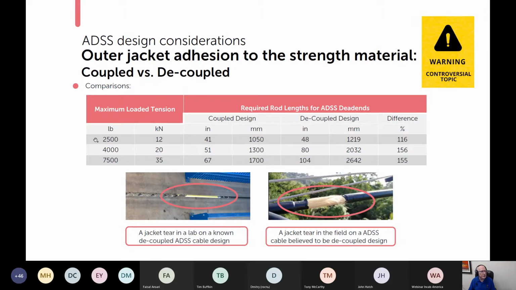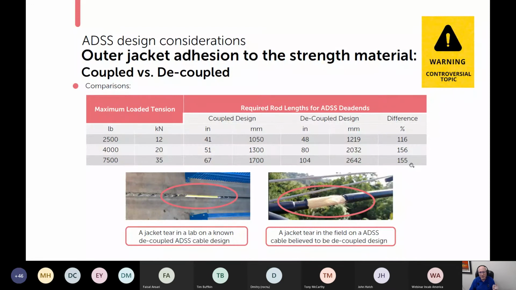So for a cable with a maximum rated design tension of 2,500 pounds or 12 kilonewtons, with a coupled design, you can use a dead end that's 41 inches long. In a decoupled design, it's 48 inches.